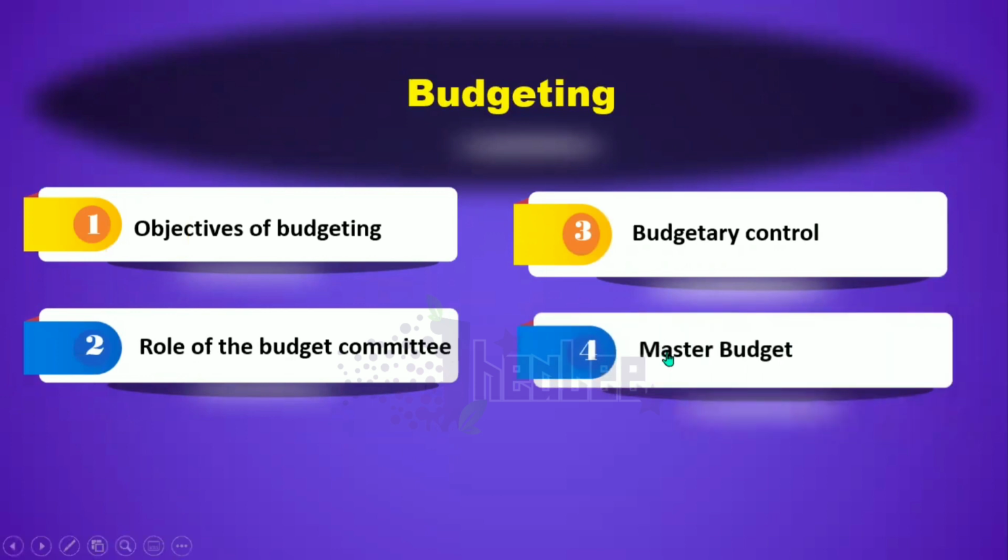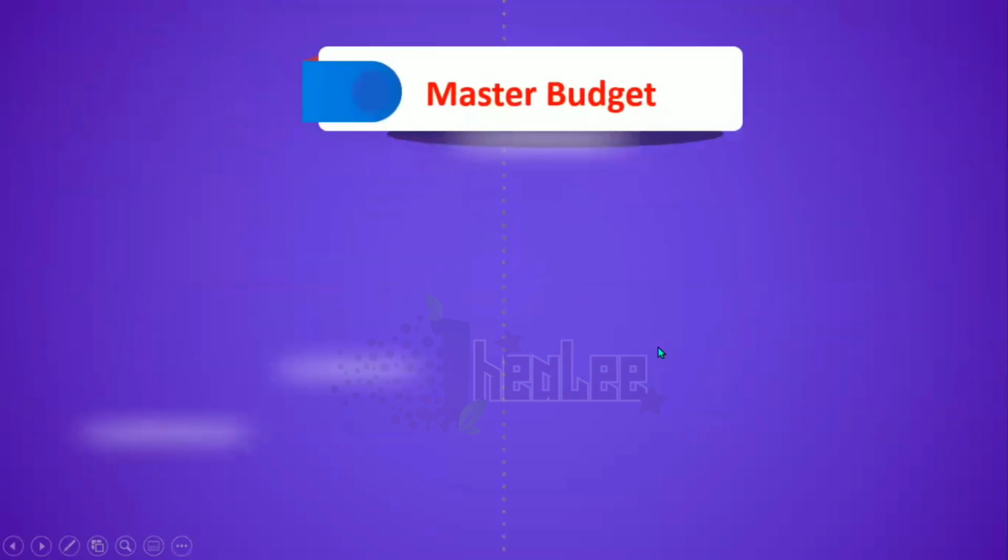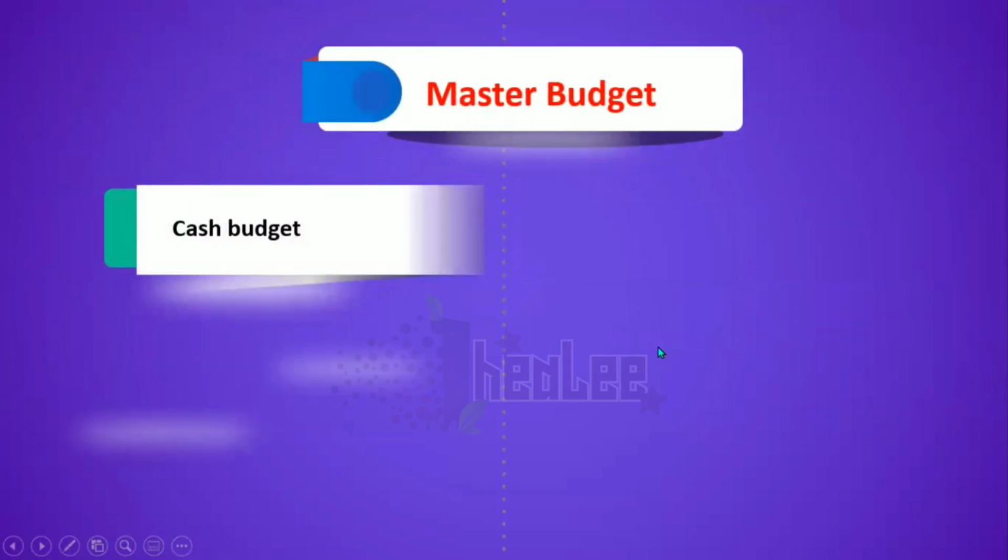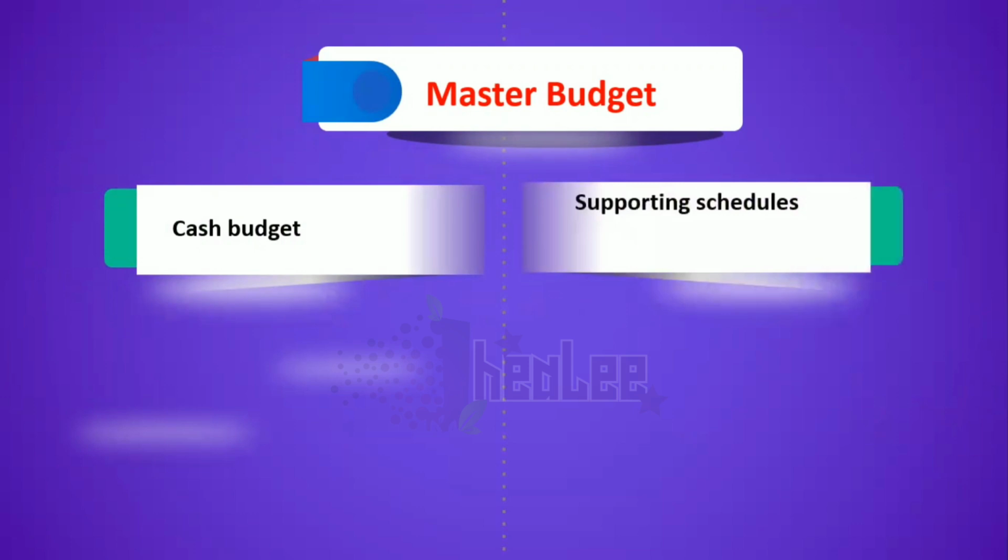Now, as it relates to the master budget, people, you need to know how to prepare a cash budget and the supporting schedules. In terms of the supporting schedules, we're talking about things like the cash collection schedule and schedule of disbursement. Now, if you need a lesson on budgeting, definitely that link is in the description below for you as well.